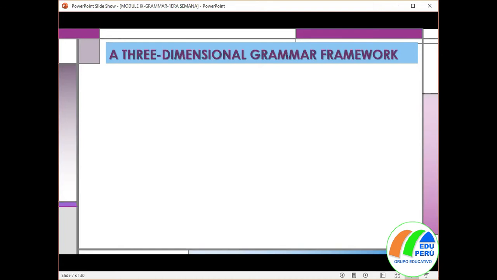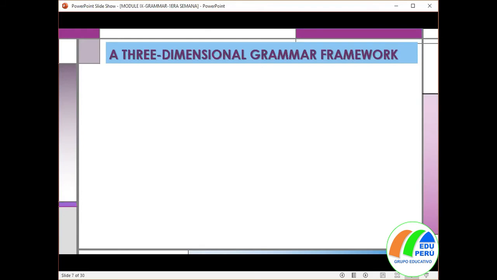The function of the language. Yeah, the function, all right. This is one of them, function or use. What else? Any other idea?